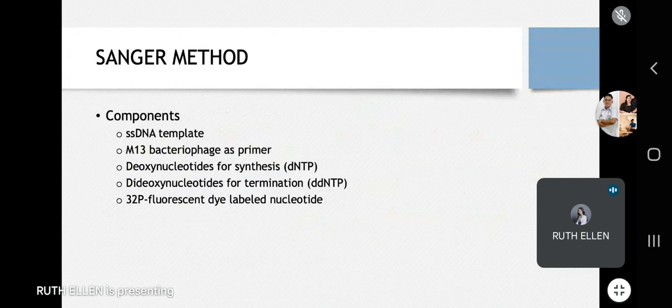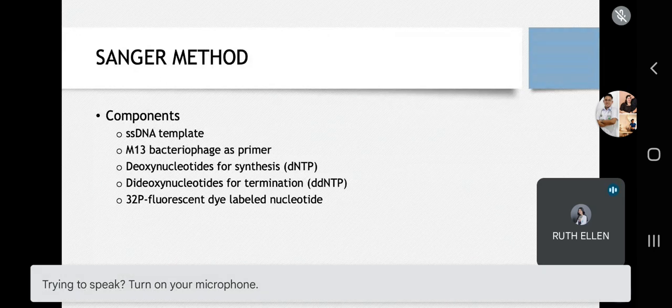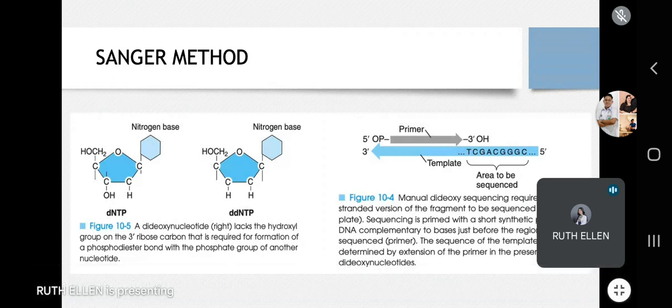So for the components, we use a single-stranded DNA template, M13 bacteriophage as our primer, our dNTPs, our deoxynucleotides used for the synthesis, ddNTPs for termination, and our fluorescent dye or our radioactive dye, the 32P or the radioactive phosphorus.